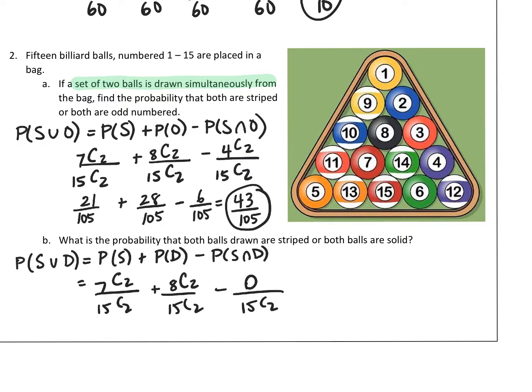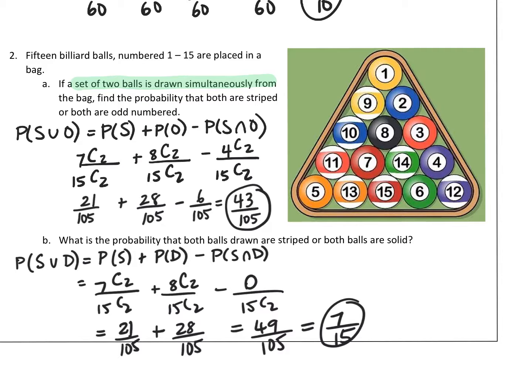So if I put that into my calculator, I end up with 21 out of 105 plus 28 out of 105. Subtract 0 gives me 49 out of 105, and that reduces to 7/15. Okay, so that is probabilities involving combinatorics. You can go ahead and practice now.